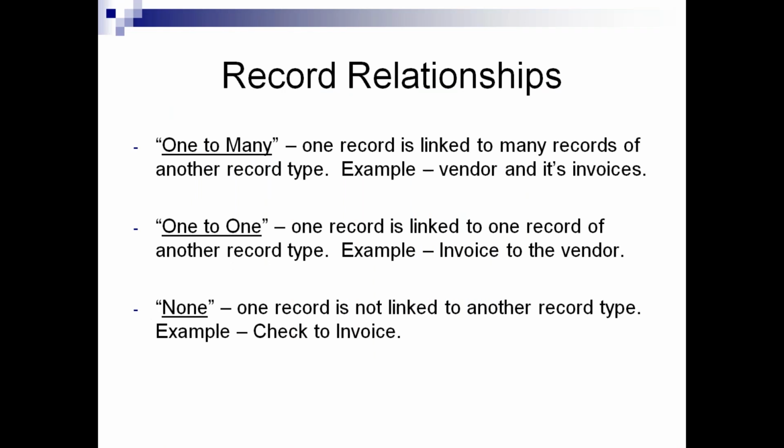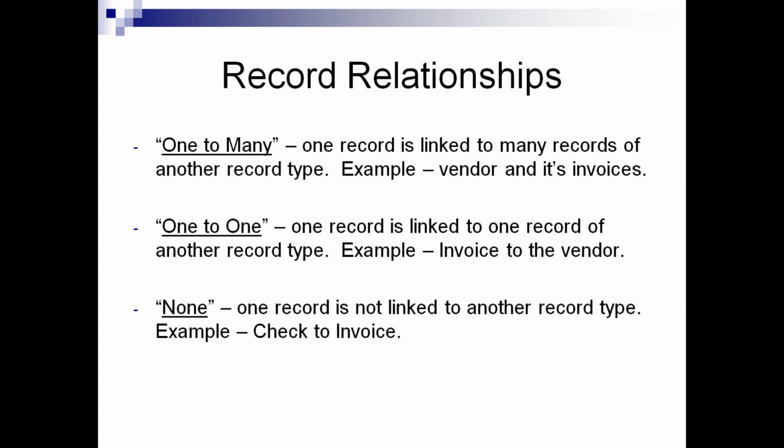Now let's talk a second about record relationships again. If you are looking at applications that have multiple types of records for the data stored within those different files. So as an example here, in accounts payable, we have multiple invoices that can be attached to a single vendor.